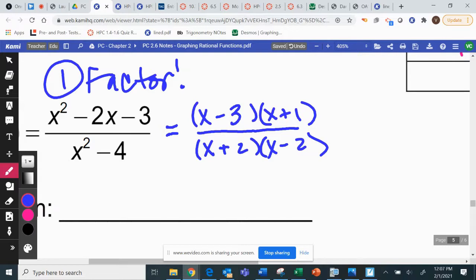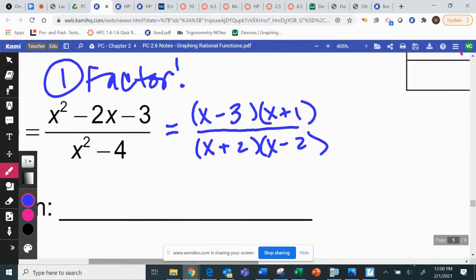Did it factor? Any factors cancel? No. Okay. So there's no holes.